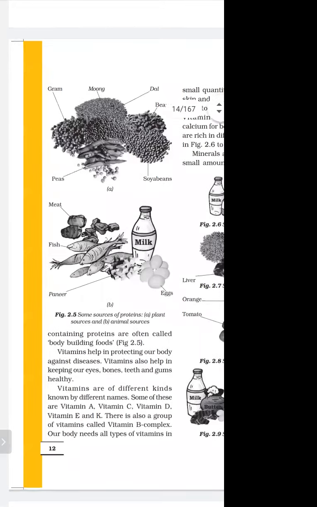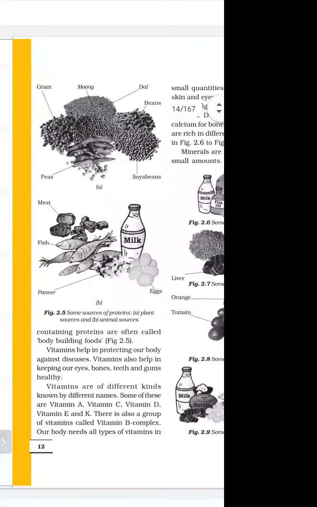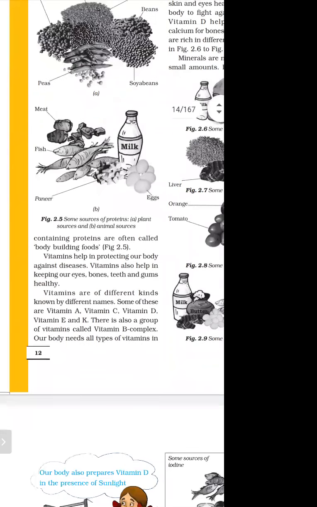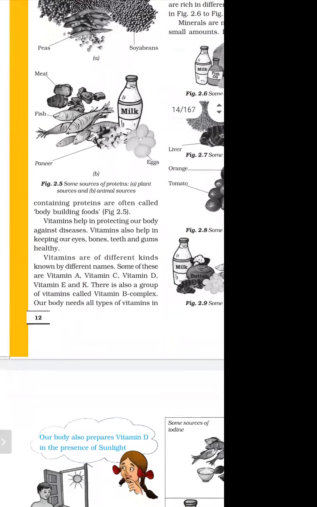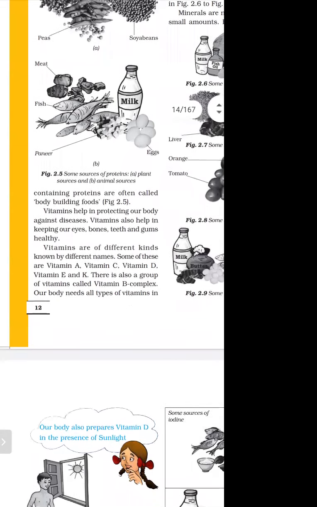Next are vitamins, and vitamins and minerals are called protective food. There are various kinds of vitamins: vitamin A, vitamin B, vitamin C, vitamin D, vitamin E, and vitamin K. Vitamin B and C are water soluble, and the remaining are fat soluble.